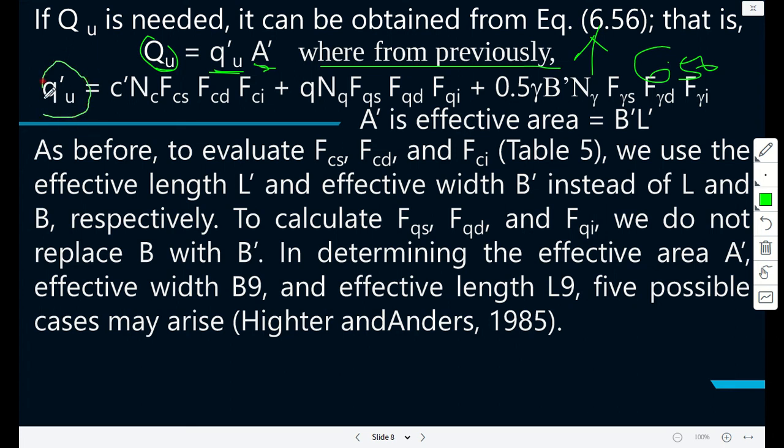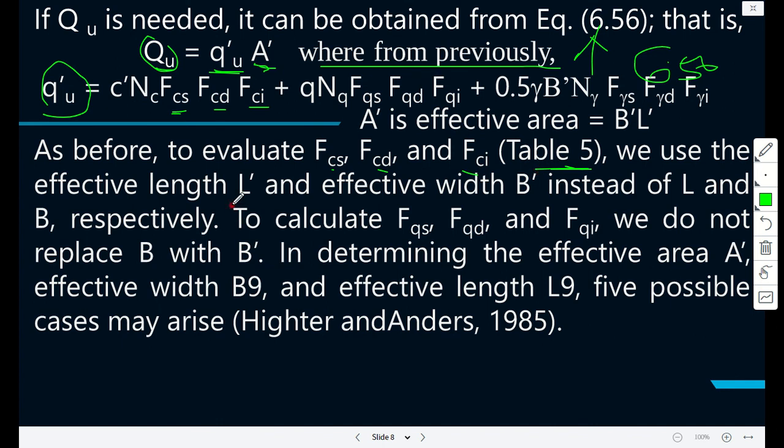To determine the bearing capacity, you take care of the shape, depth, inclination, and compressibility factors. So as before, we will evaluate Fcs, Fcd, and Fci, as shown in the previous notes.